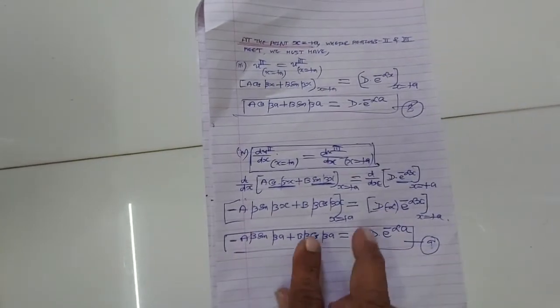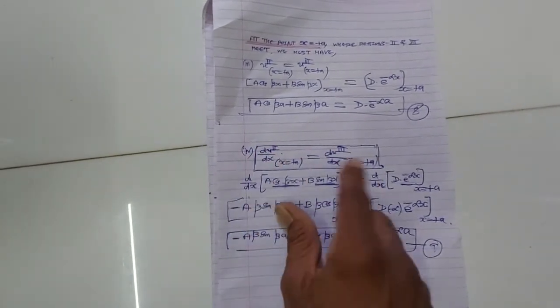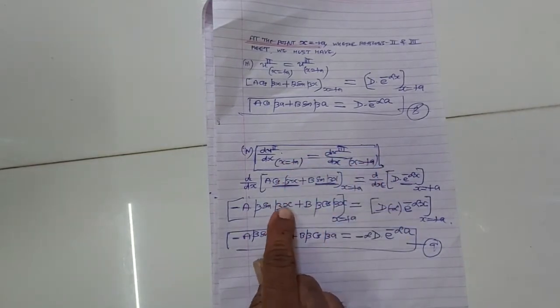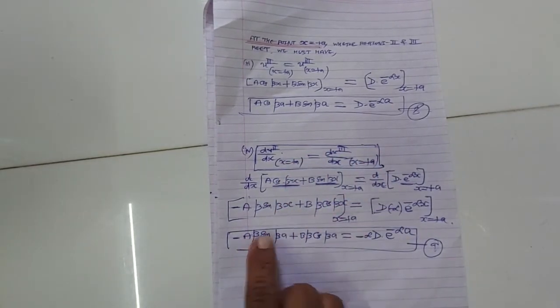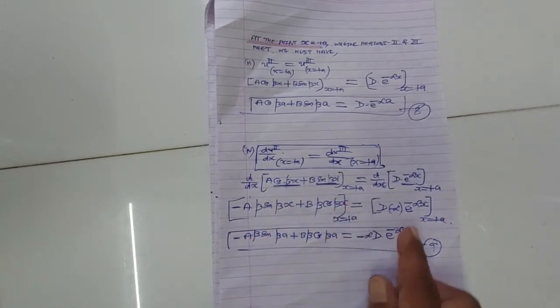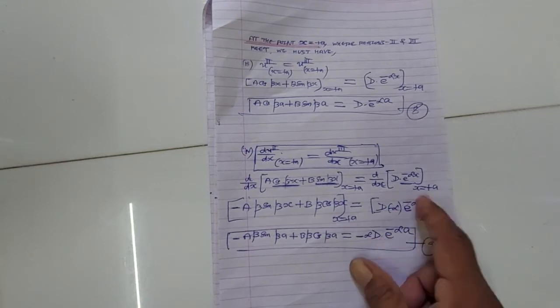But they are equal at the point x equals plus a, so we put x equals plus a here. So minus a beta sin beta a plus b beta cos beta a is equal to minus alpha d e raised to minus alpha a.